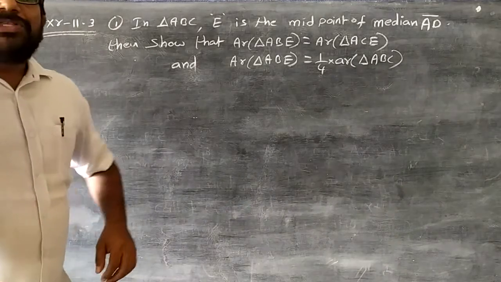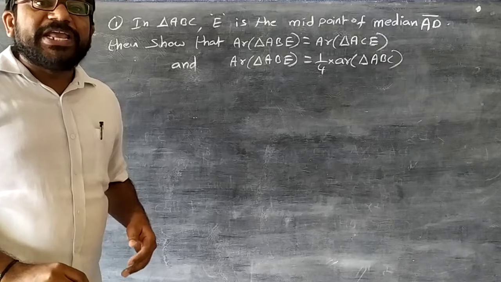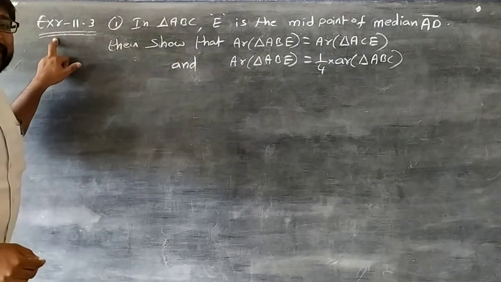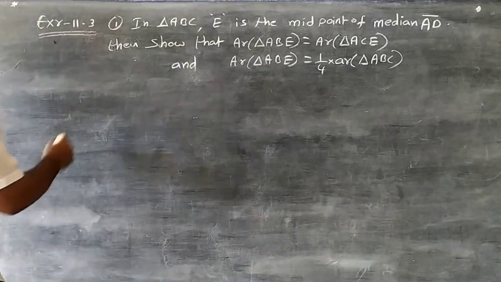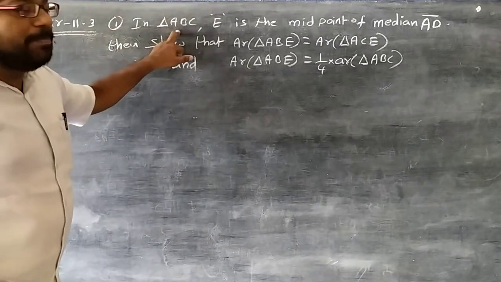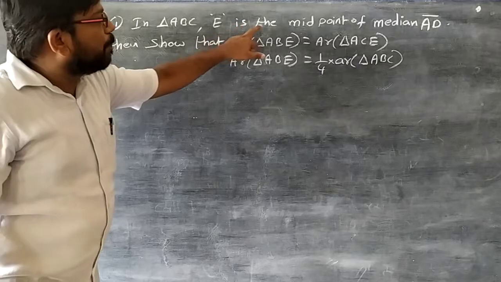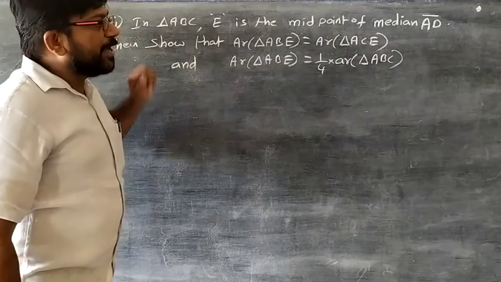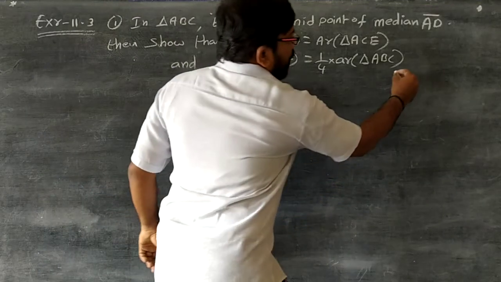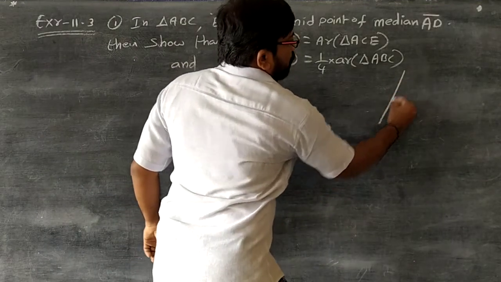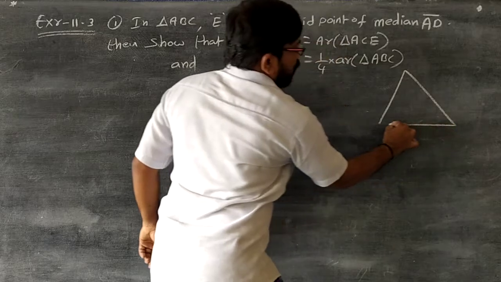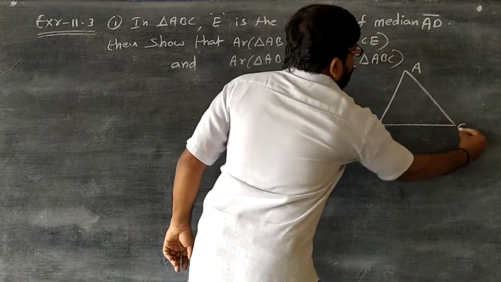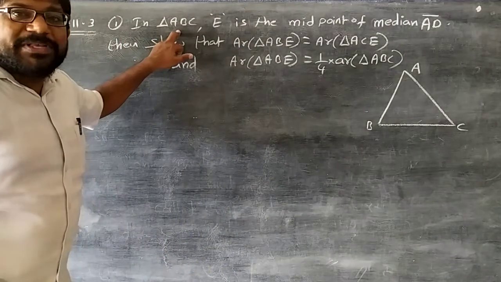Let me do the problems which belong to the median of triangle ABC. Exercise 11.3, the first problem. In triangle ABC, E is the midpoint of median AD. Observe carefully. Draw the triangle ABC.